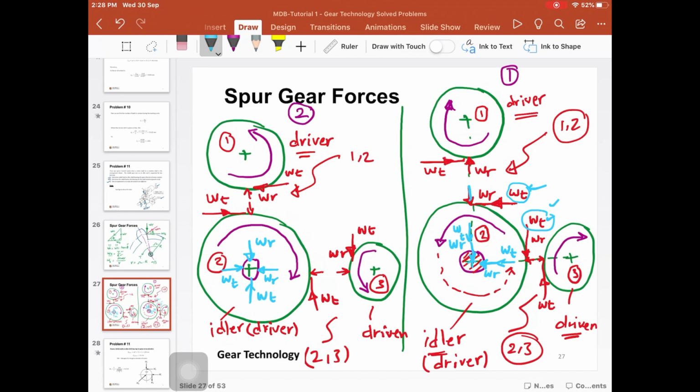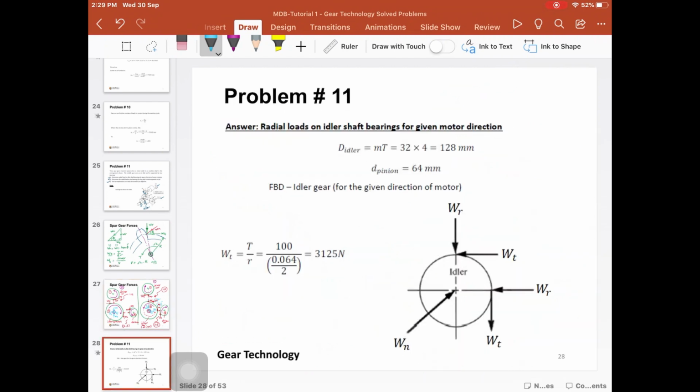So if you compare the forces on the idler shaft in both cases, you see on the right hand side, the two components add, and on the left hand side, the two components subtract.